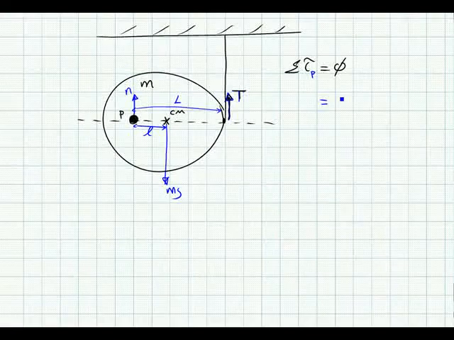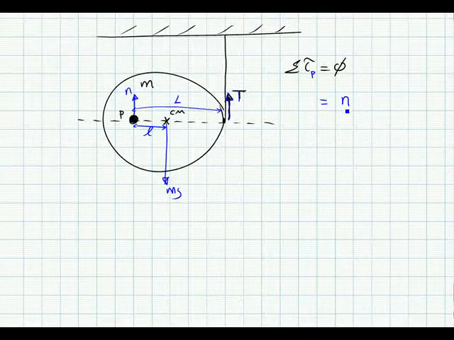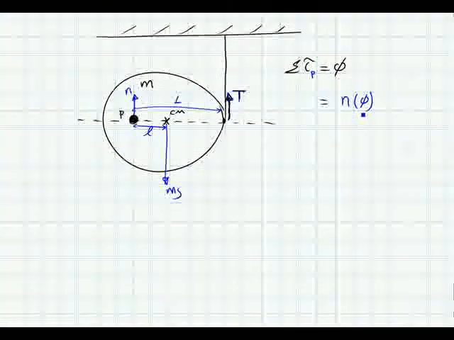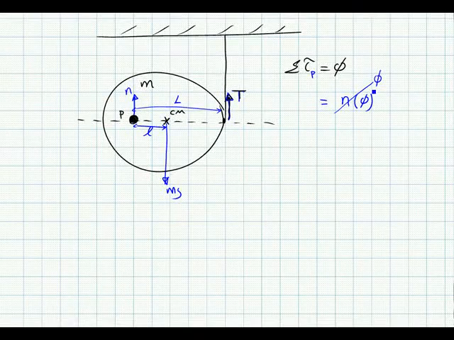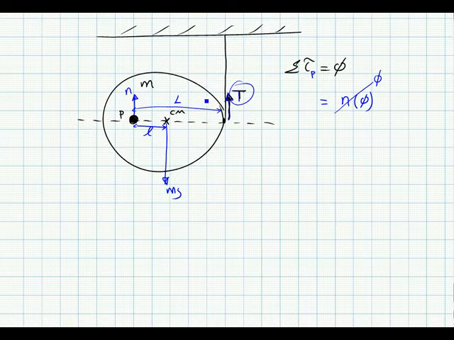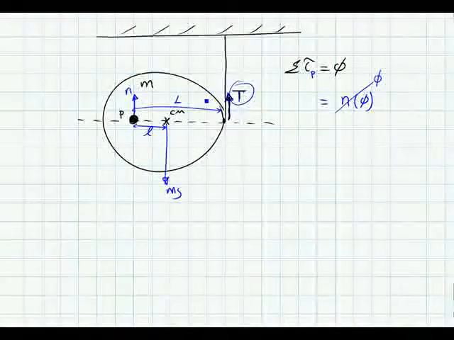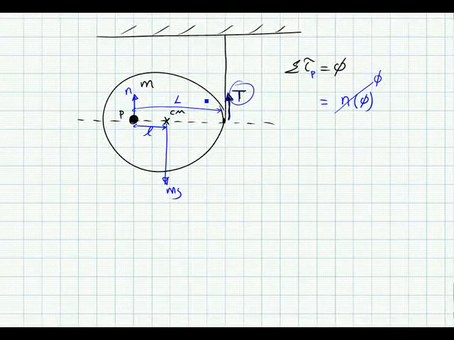Because now when I consider the force due to the normal force N, its moment is 0, so that it drops out, so this whole term becomes 0. So N is a force that I do not have any information about, and is not a force that I'm trying to figure out. I'm trying to figure out what T is, for example. Then choose a pivot point where that force acts on the body. That way you eliminate it out of the picture.